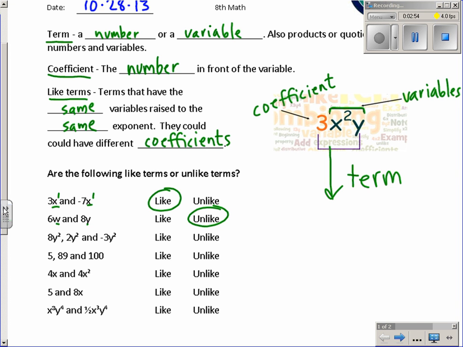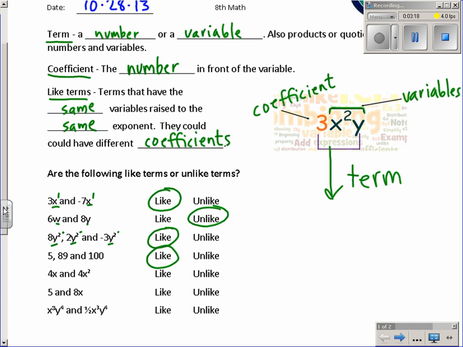Here we have 8y squared, 2y squared, and negative 3y squared. So the variables are all the same, and the exponents of those variables are all the same, so those would be like terms. The numbers 5, 89, and 100 all have no variables, so those would be considered like terms.